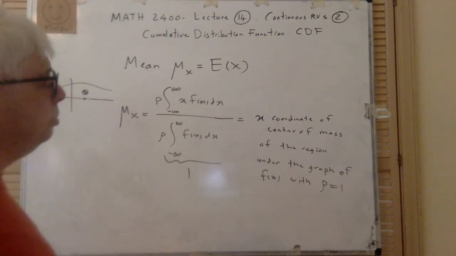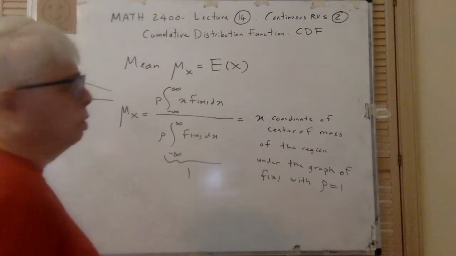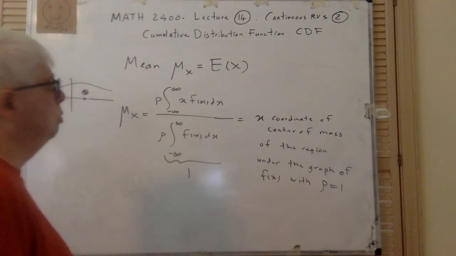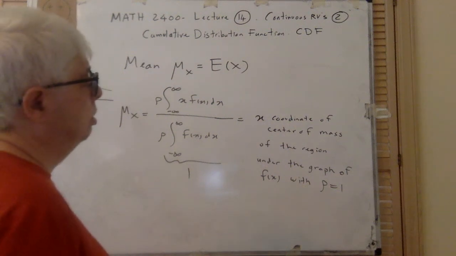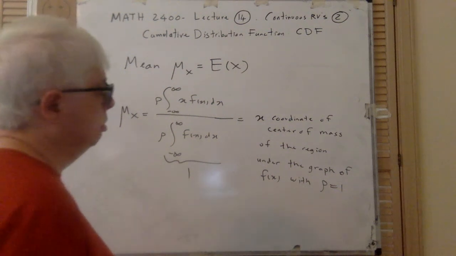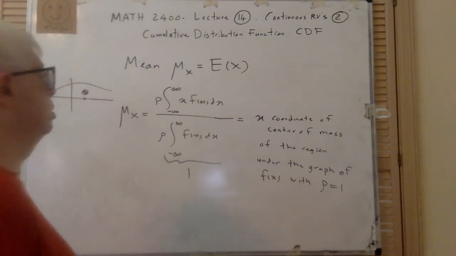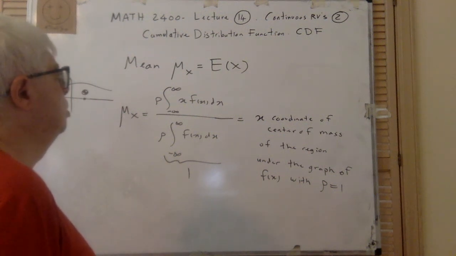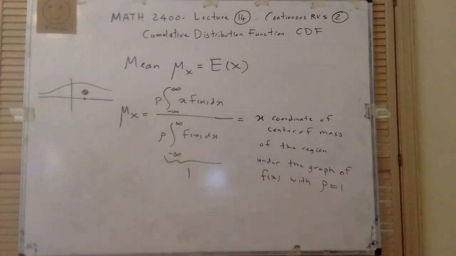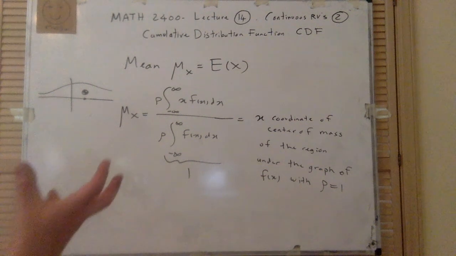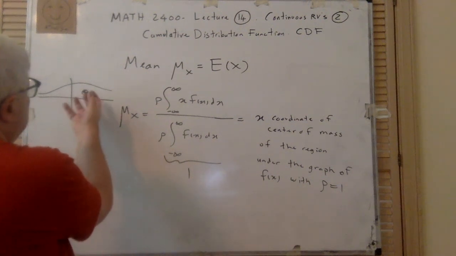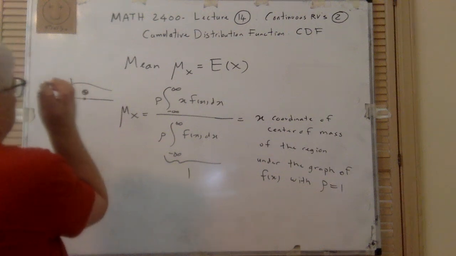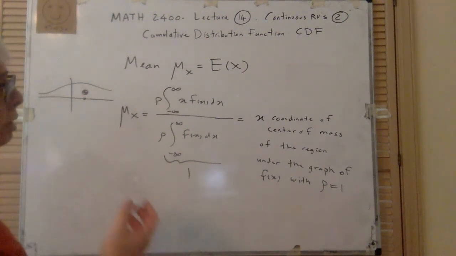So that's what we call centroid. When that rho is constant everywhere, we call it centroid. So that's the x-coordinate of the center of mass, or centroid. And remember, center of mass was where you could just concentrate everything. In a sense, it's like everything is concentrated here.